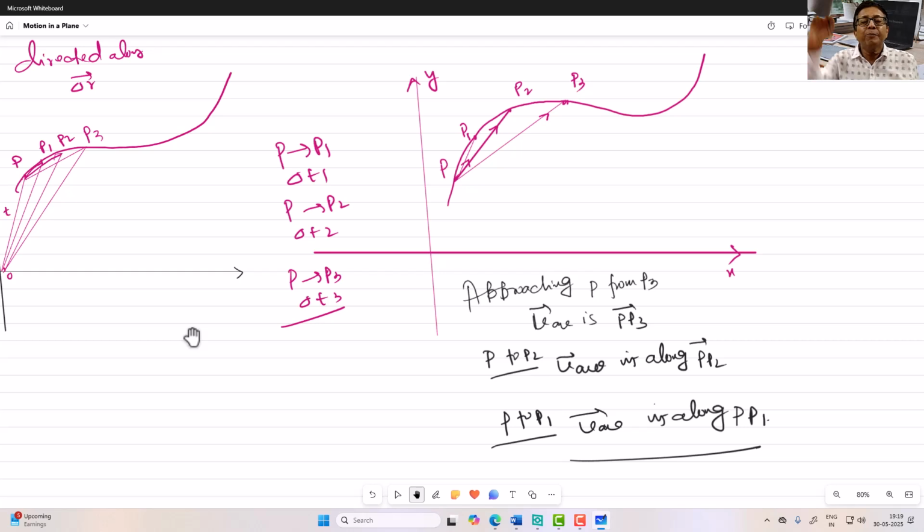What you are doing actually there? You are approaching the point P, now just consider the opposite. You are approaching the point P from P3, then from P2, then from P1.